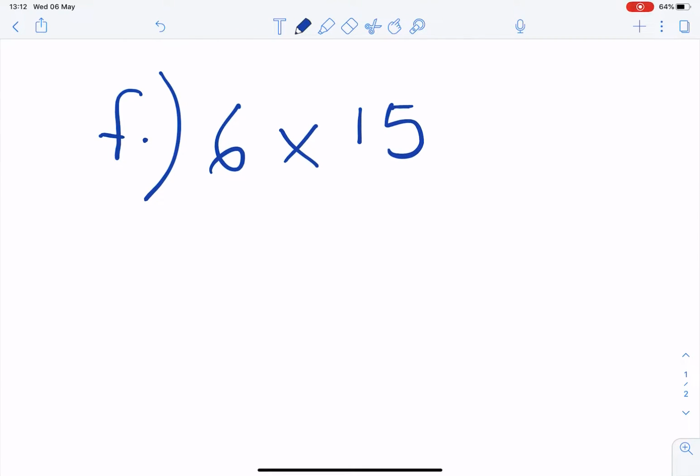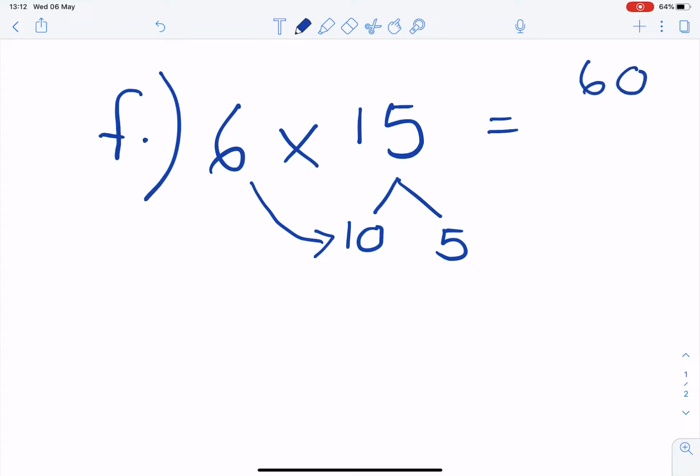Let's have a look at F, for example. F says 6 times 15. Well, we know that 15 is 10 and 5. So, 6 times 10 is 60, and 6 times 5 is 30.